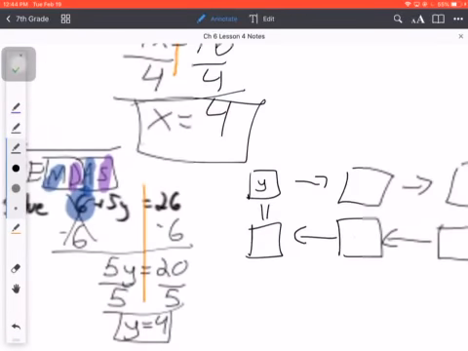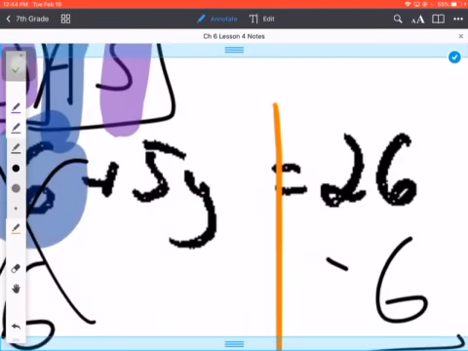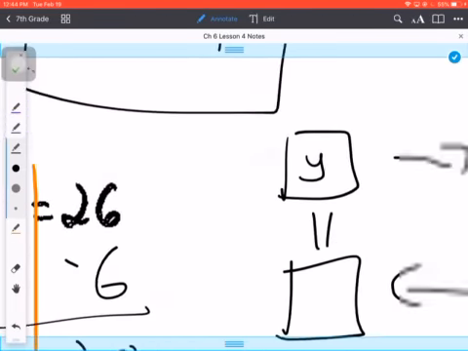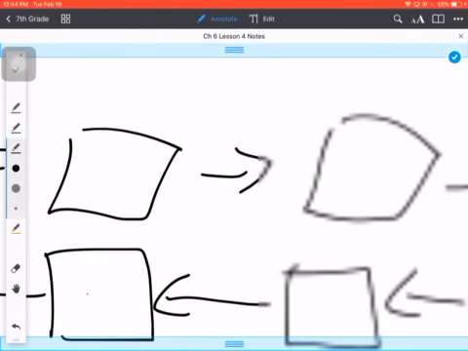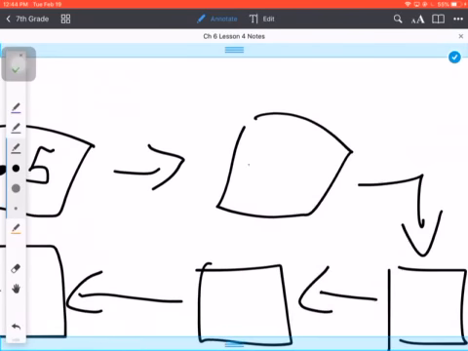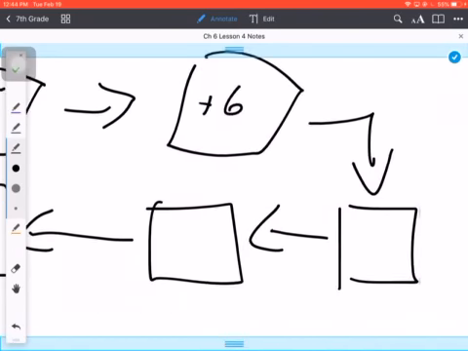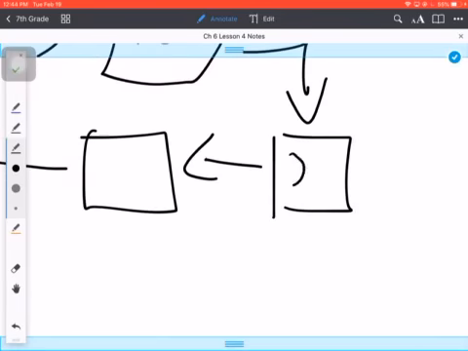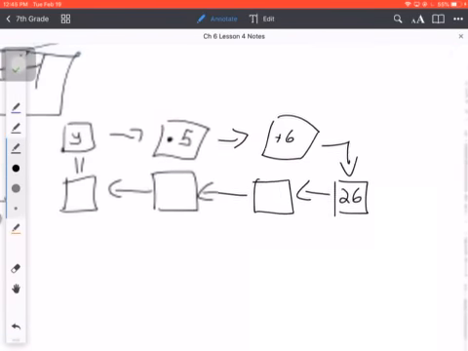Next thing that's being done, multiplying by 5. So I'm in here, I'm going to put a multiply by 5. Last spot, we're going to be adding 6, and the result is an answer of 26.